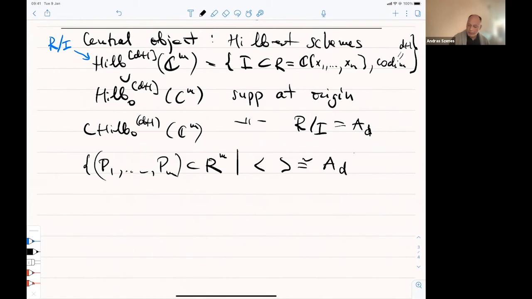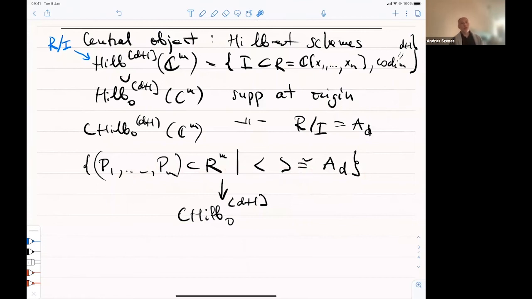So this was the definition of the local algebra, and this algebra now is specified to be A_D. Then, quite obviously, this is fibered over this Hilb 0 D+1, because the data here is an ideal which has the correct quotient algebra, and here we specify some generators of this ideal. So there's just additional structure.